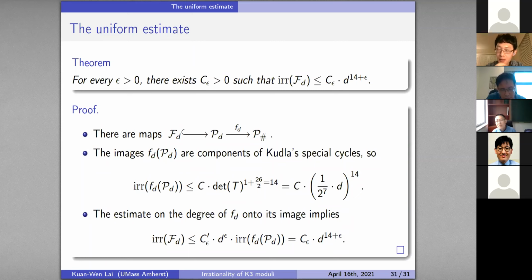Basically, the approach that you showed to get the upper bound for the irrationality is that you start from a vector valued modular form in terms of classes of Higgs divisors. Yes, and then you take the intersection product with a hyperplane section, and then you get a classical modular form. Sort of, yes.